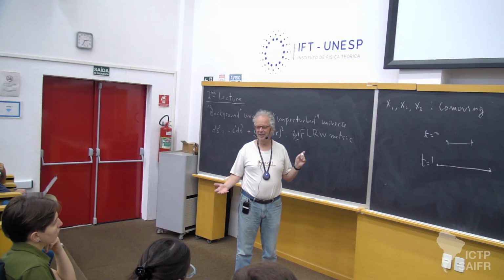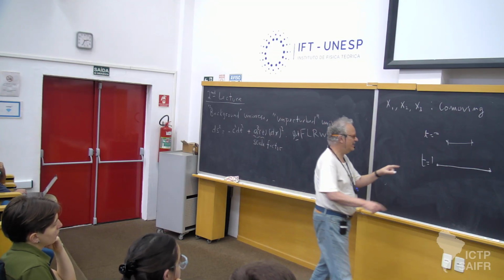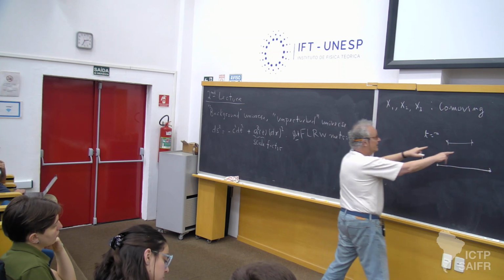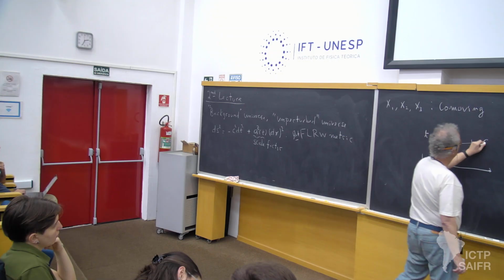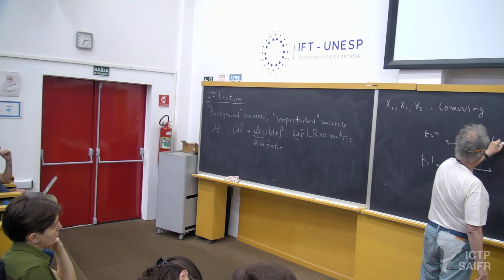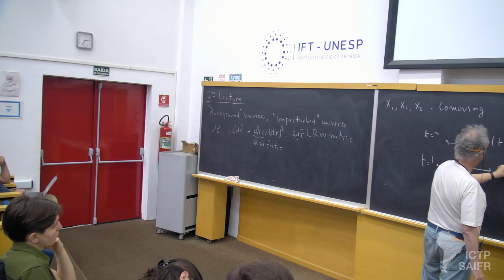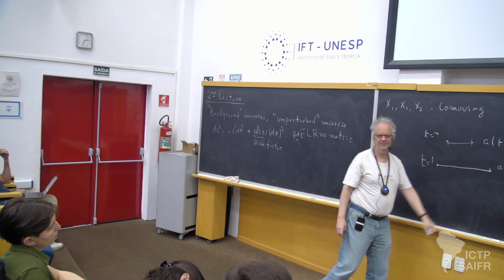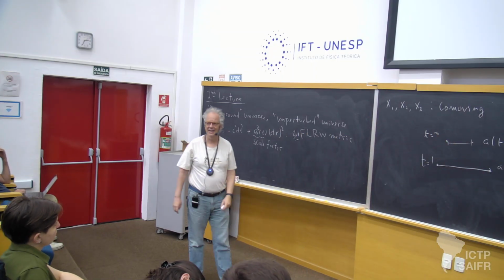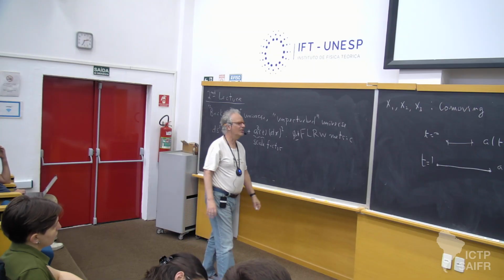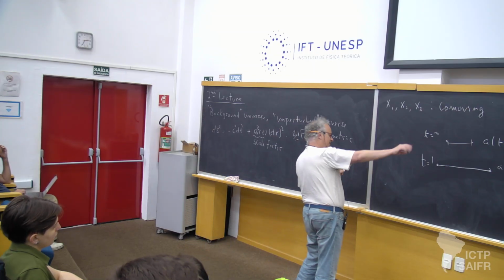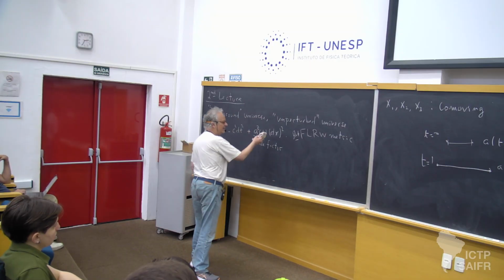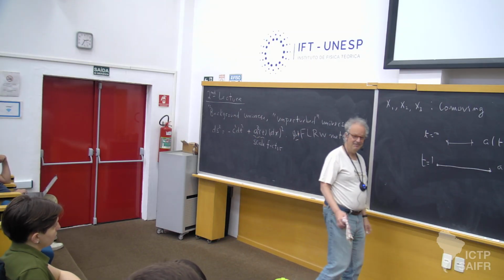They're the same. What changed is that the separation is bigger, because you take this separation and multiply. This is a of t equals 0, and this is a of t equals 1. So I have to multiply by this factor here. All the dynamics of the universe, how things expand with time, is taken into account by this scale factor a.